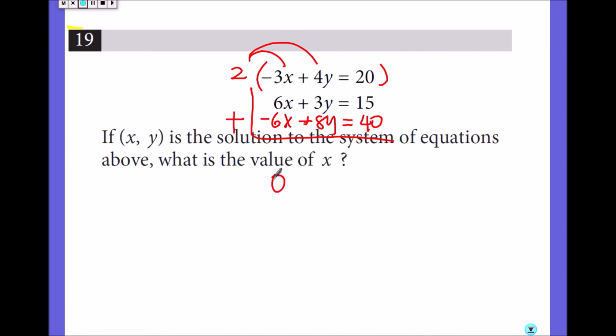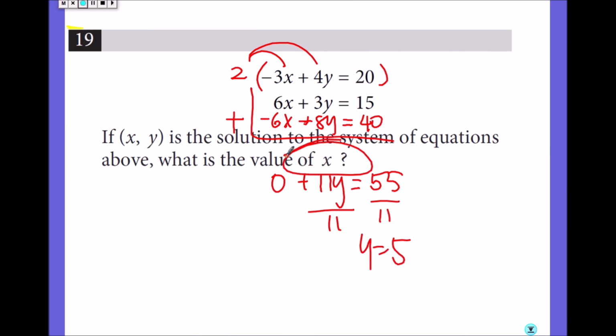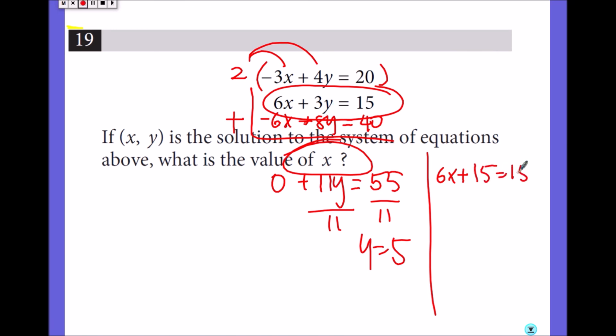I get 11y equals 55. When I divide by 11, y equals 5. But remember, it's asking for x. So you'll plug into one of the equations. I'll plug into the second one, which doesn't have a negative. So it is 6x plus 3 times 5, which is 15, equals 15. So 6x equals 0, so x is 0.